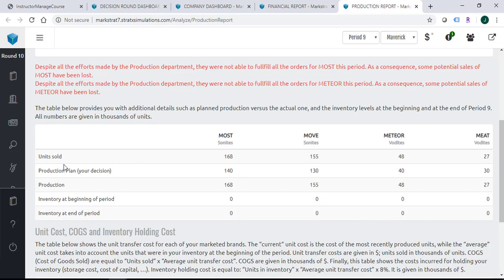You may notice that the production plan is 140. Remember, the factory can automatically adjust your production up to 20% of your plan. When you plan to produce 140 units, the production range will be between 112 and 168.